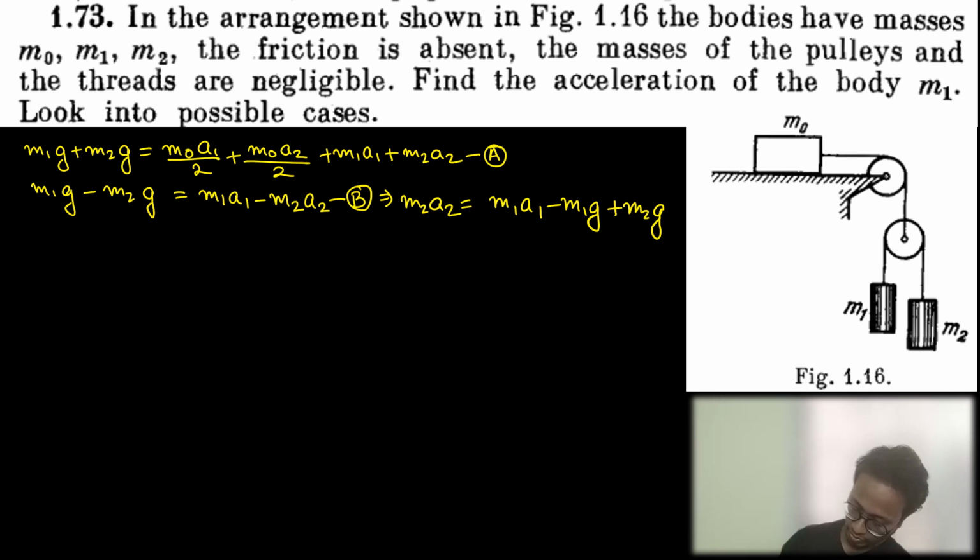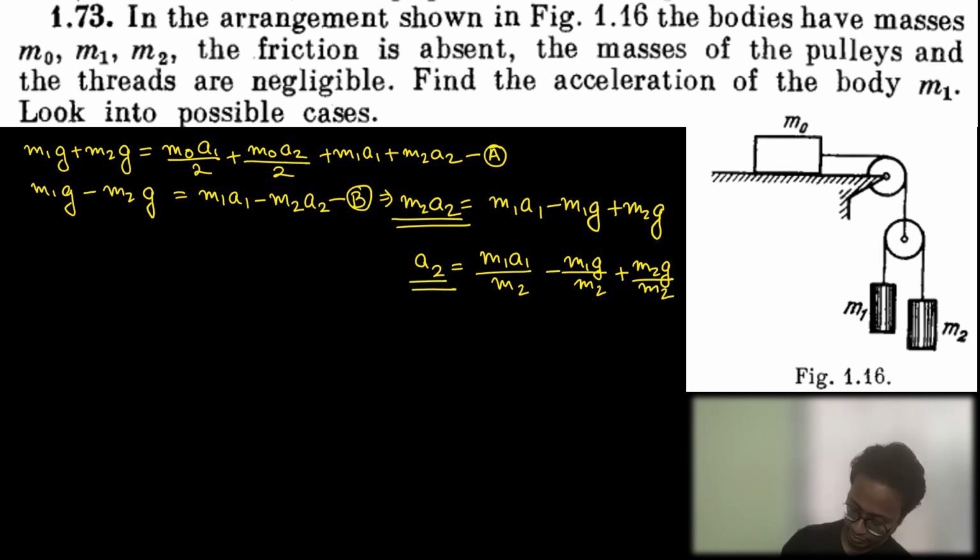So m2 a2 is equal to this value, and from this equation only can I say a2 is equal to m1 a1 by m2 minus m1g by m2 plus m2g by m2. What I did out here is divide the entire right hand side by m2, so a2 is equal to this value.